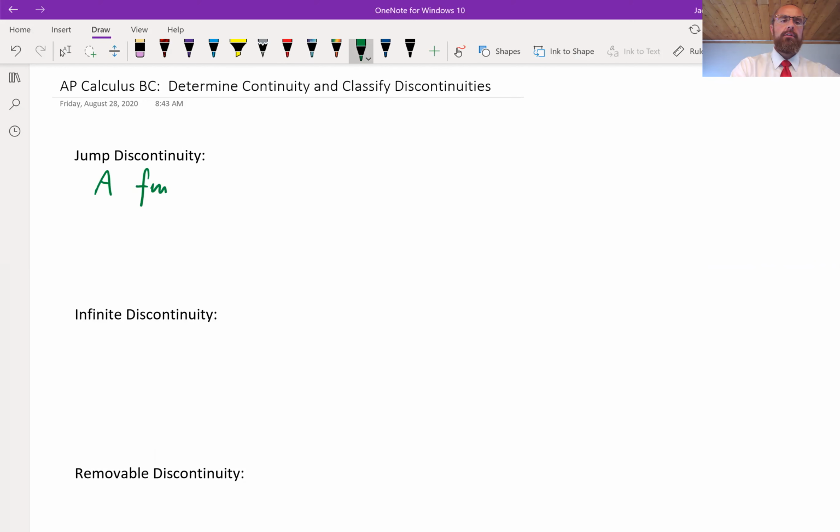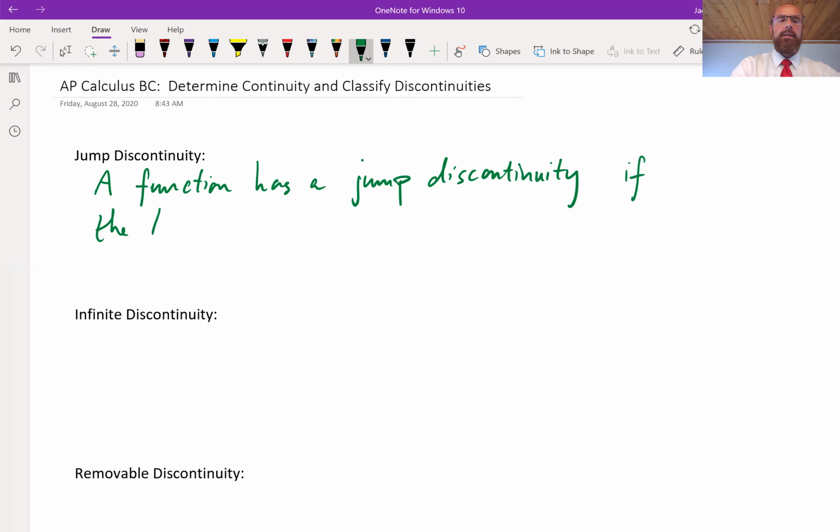A function has a jump discontinuity if the left-hand limit, so we're talking about the side where we're coming from the left, and the right-hand limit.